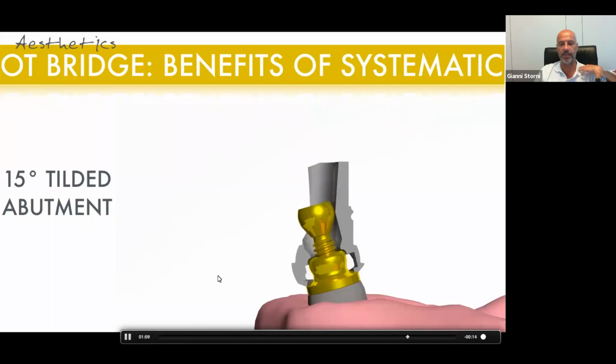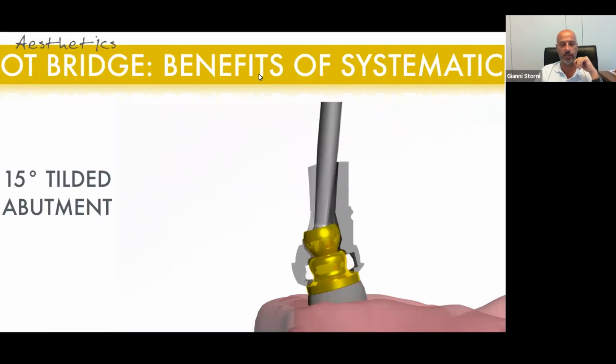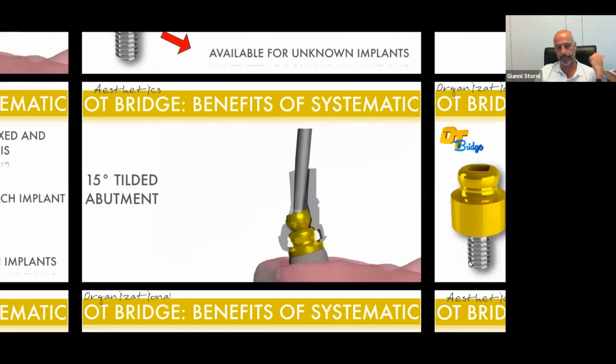Okay, so that is very important to know. You see, in this case, you can angulate the screw, you give aesthetic to the teeth, and no problem of a hole in the middle of the teeth. So good aesthetical result at the end.